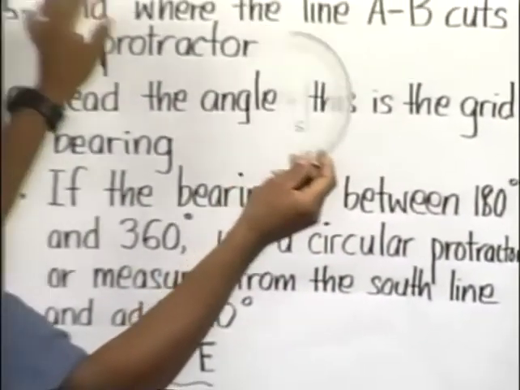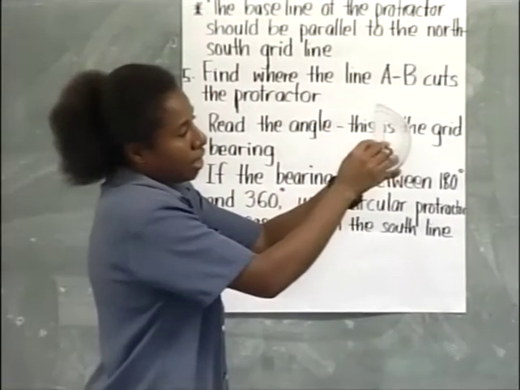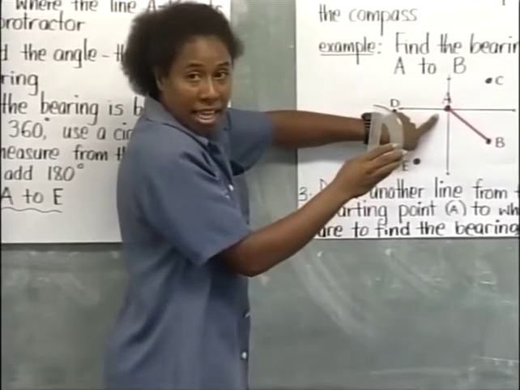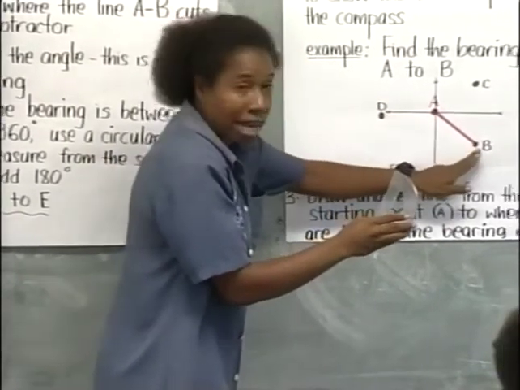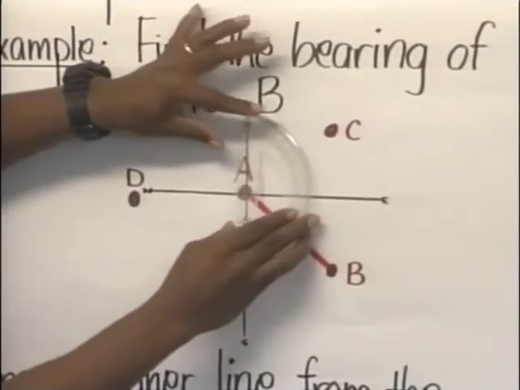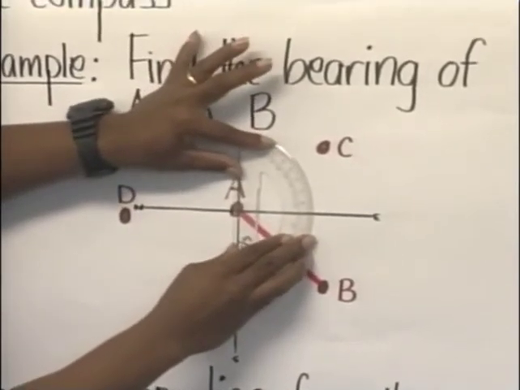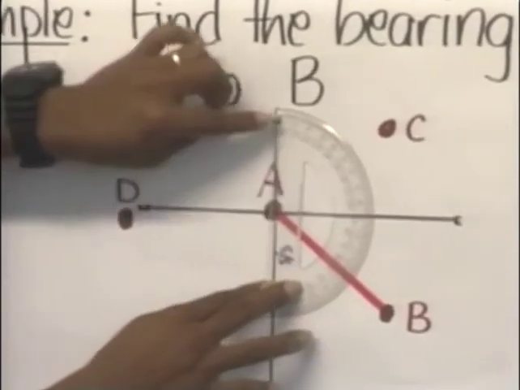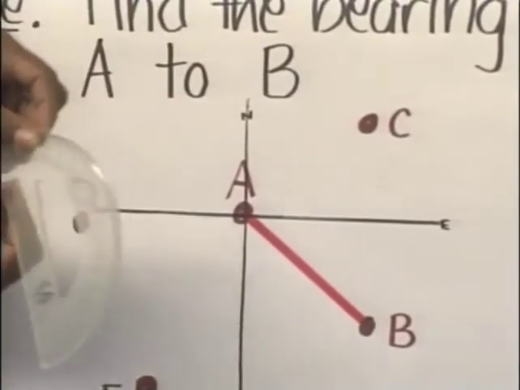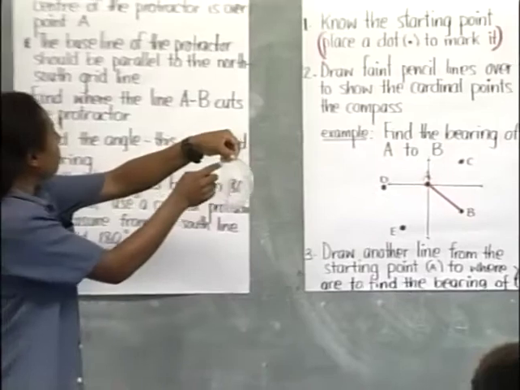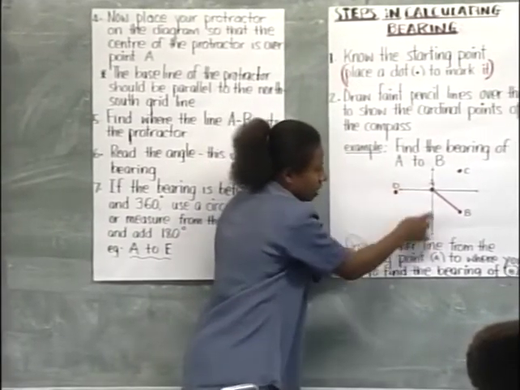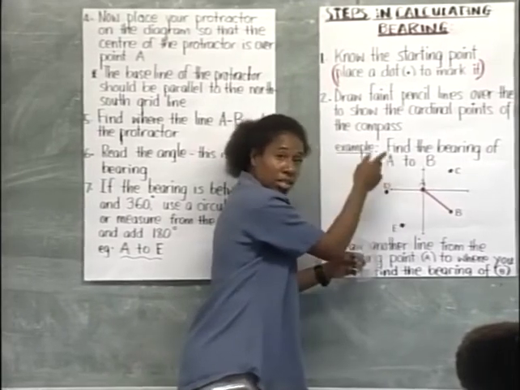I will now place the protractor with the center point right where the starting point is, and that is A. I have already drawn my line here. I place the center point right where A is, making sure that the baseline, which is this part here, is parallel to the north and the south grid line. So you see, this is important.